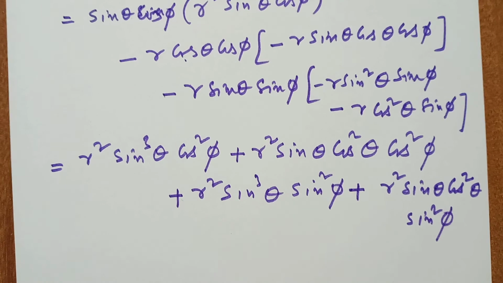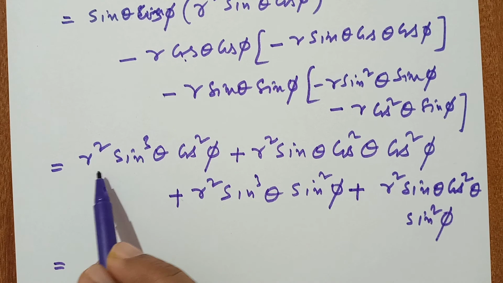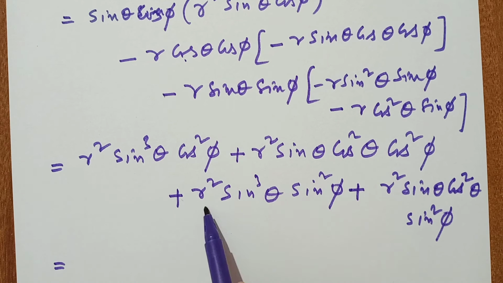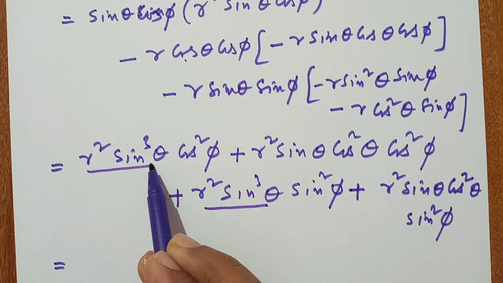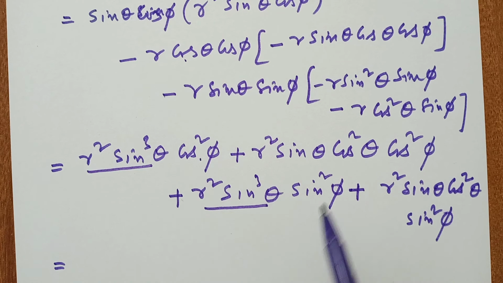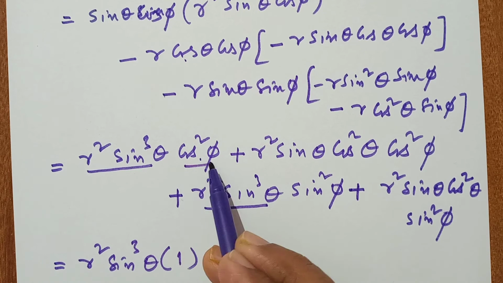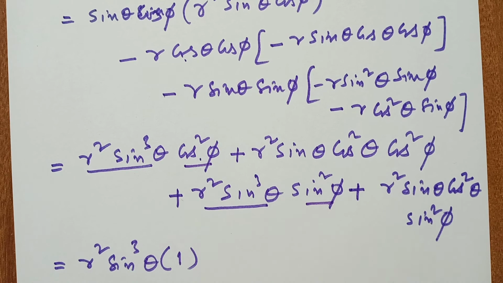Okay, so now r square sine cube theta is common, so we will take it common. Cos square phi plus sine square phi is equal to 1, so r square sine cube theta into 1.